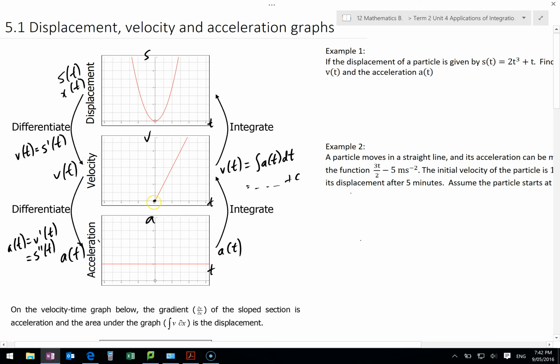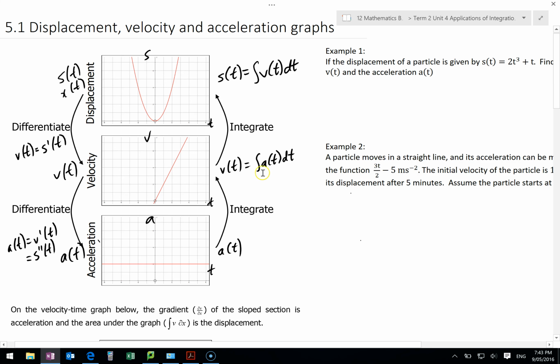So maybe I'll be told that initial velocity is 0, and I'll use that to find my c value. If I want to find the displacement, I'm going to be integrating the velocity with respect to t. Again, I'll get something plus a constant. I should be able to use some initial or some other condition, some values that I know about the displacement, to find that c value.